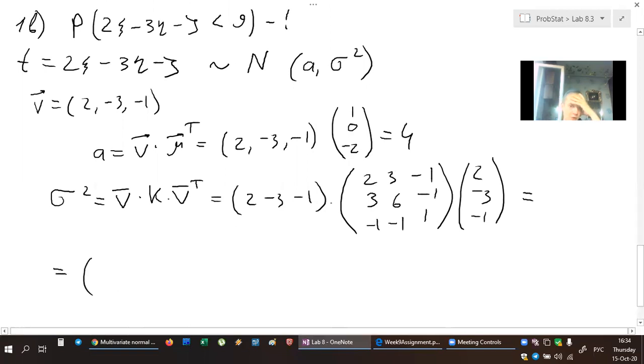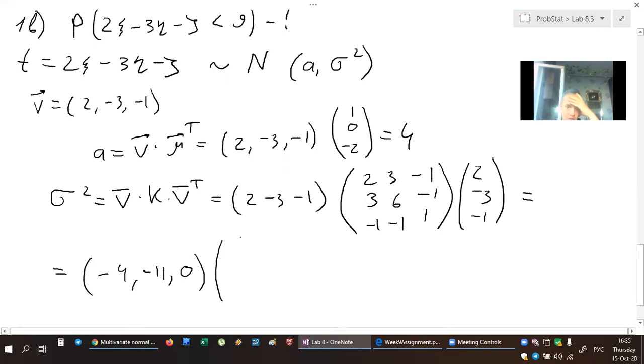So it will be 4 minus 9 minus 5 plus 1 minus 4. Then for the second column, it will be 6 minus 18 minus 12 plus 1 minus 11. And finally, minus 2 plus 3, it's 1, minus 1, 0.